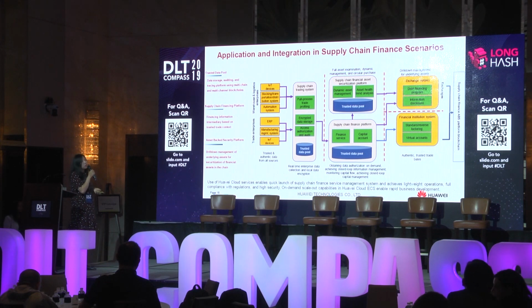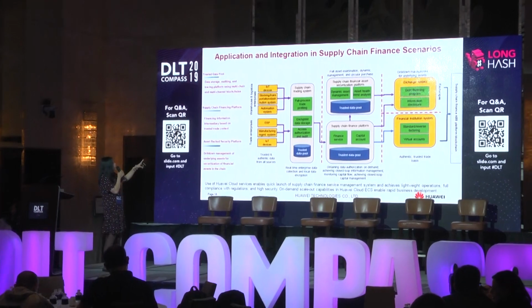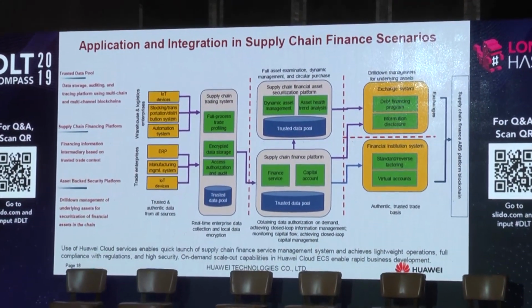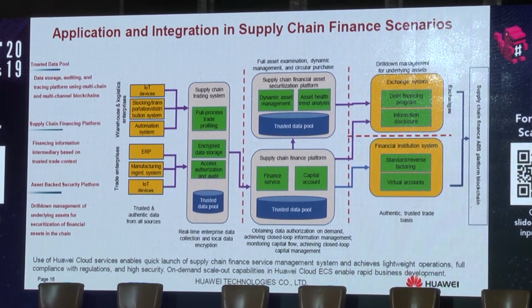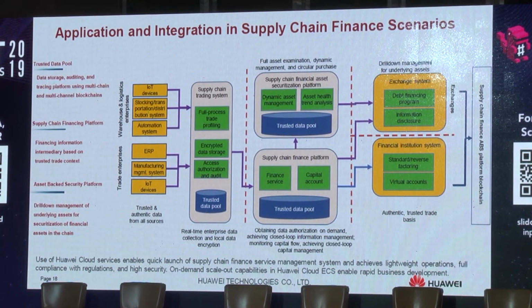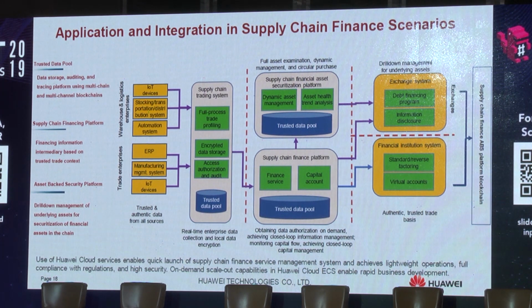We also integrate existing systems like the ERP system to get the contract information. You can export the data from the ERP system and then import it to the blockchain system. And also for the delivery information, we can integrate IoT devices to collect the delivery information.